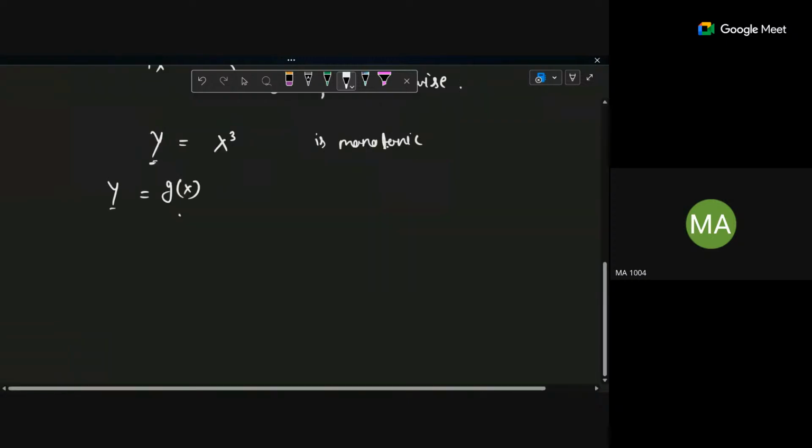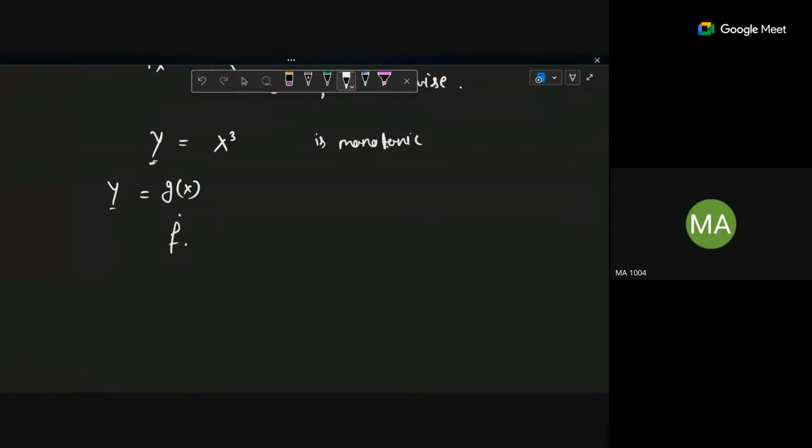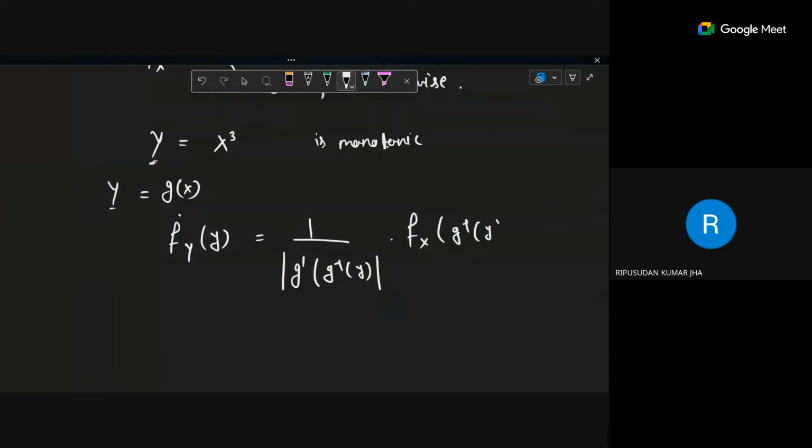The theorem says: if x is a continuous random variable and there is a function of x which is monotonic and differentiable, then the PDF of the new random variable y is 1 upon the modulus of g prime at the point g inverse of y, into f of g inverse of y.